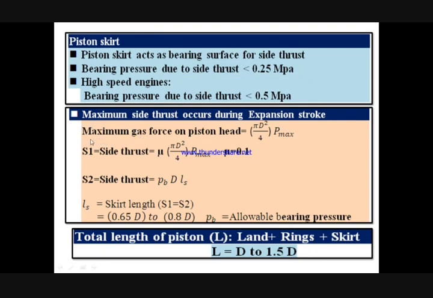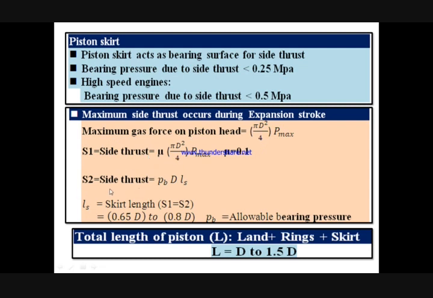So the maximum gas force on the piston head is given by pi d square by 4 into P max. Side thrust is given by mu into pi d square by 4 into P max, where mu is 0.1, which means the side thrust force is equal to 10% of the maximum gas force on the piston head.